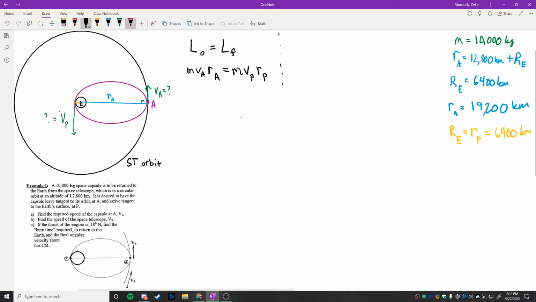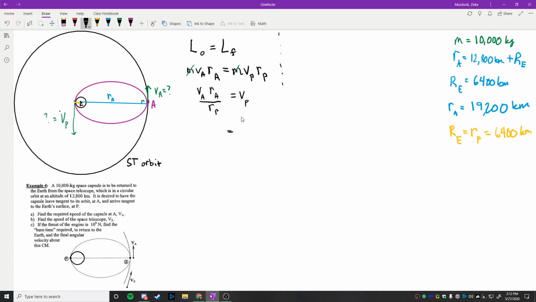We can simplify this a little bit. We can cancel this mass, we can cancel this mass. And we know what RA and RP are. Our goal is to find VA. So what I would say is we can write this like this. We can say V sub P is going to be equal to V sub A multiplied by RA, and then we just divide by RP.